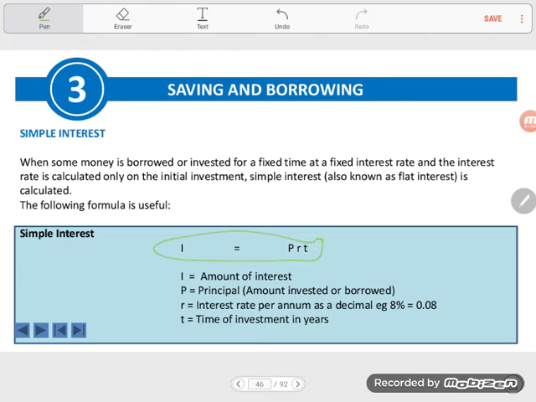P is the principal, so that's what you put into the bank or what you borrow from a bank, like the starting amount. R is the rate of interest. Now it's important that we understand how to convert percentages to decimals from our earlier study. Simply divide by 100. So if we take 8% and divide by 100, we get 0.08. And the time of the investment, T, is measured in years.